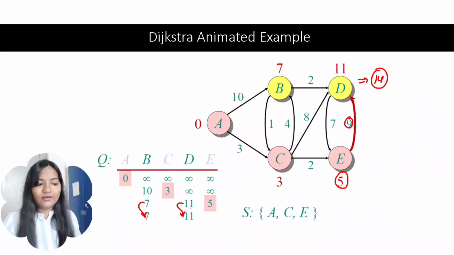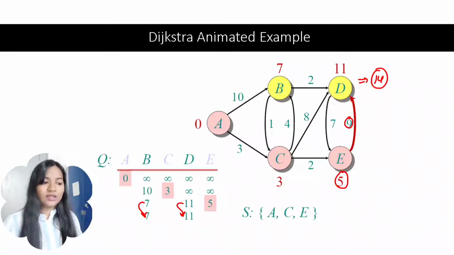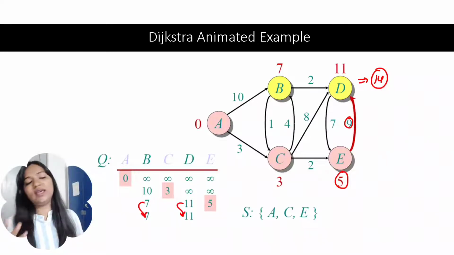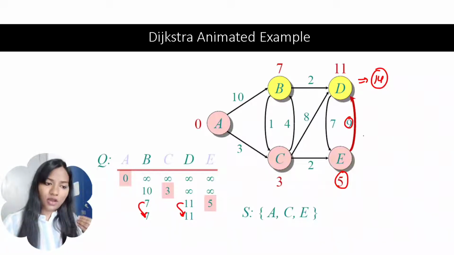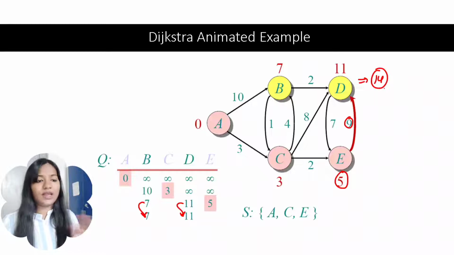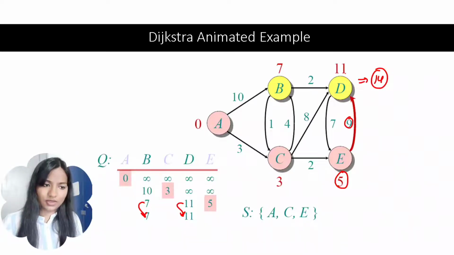But then why have I written 11 and not 14? Because we are finding the optimal solution. Which is the shorter distance, 11 or 14? Of course 11. Since my table already has a better solution, I won't be changing it. Even though the distance between A and D through E is 14, I will be writing 11 only. Why? Because I have a better solution there.